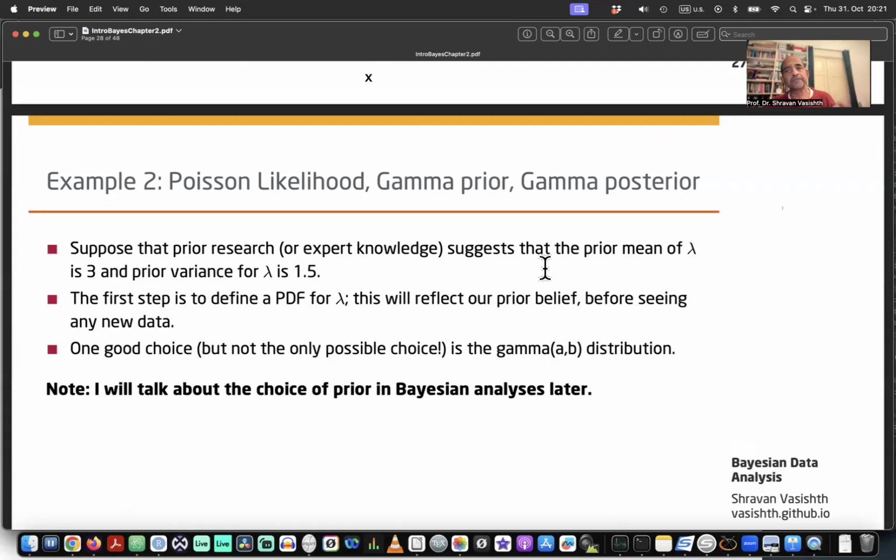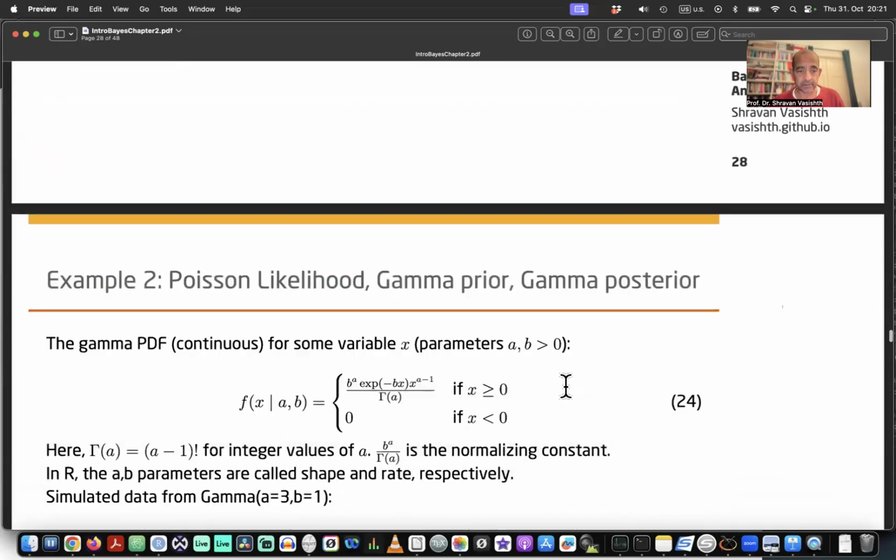This could have been derived from a previously published paper or a meta-analysis or something that gives us estimates of the mean of lambda and the variance of lambda. We are going to use these two pieces of information, the mean and the variance, to figure out what values of A and B, the shape and rate parameters, we should use in the gamma distribution to specify the prior on lambda. That's what the next step will be.